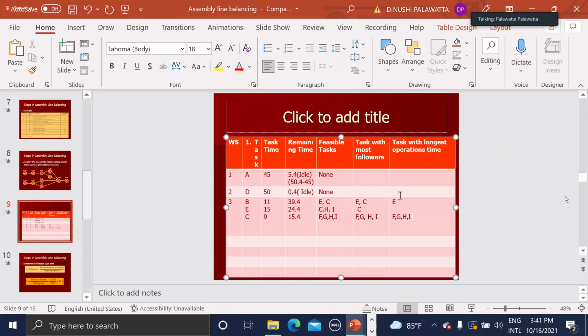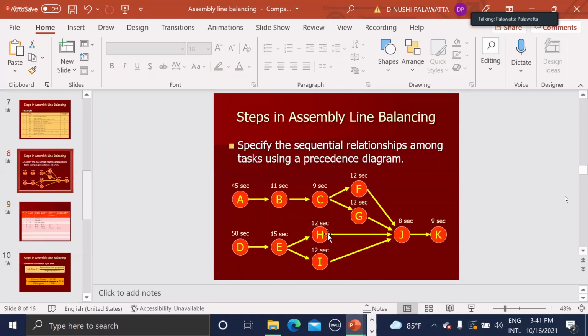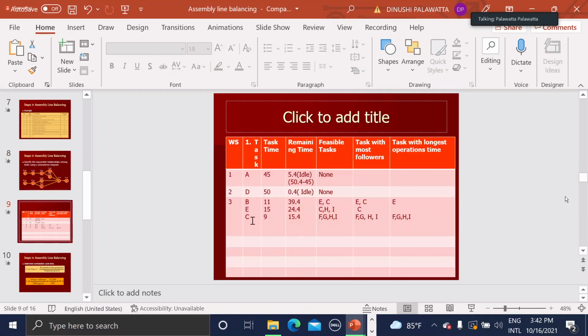All of them have time 12. So we allocate in alphabetical order; you can allocate randomly, right? So here we allocate F. Its time is 12.